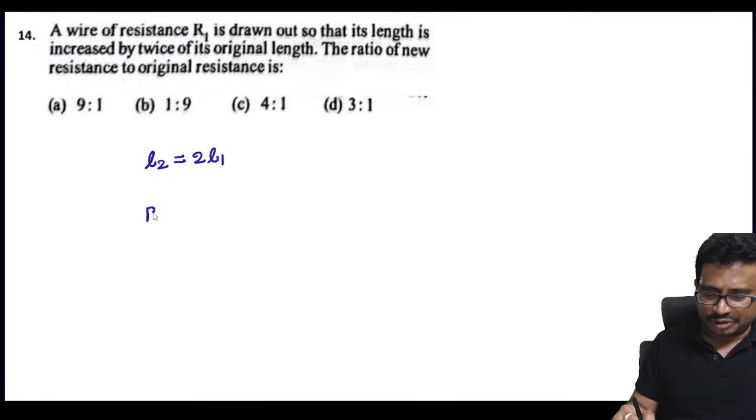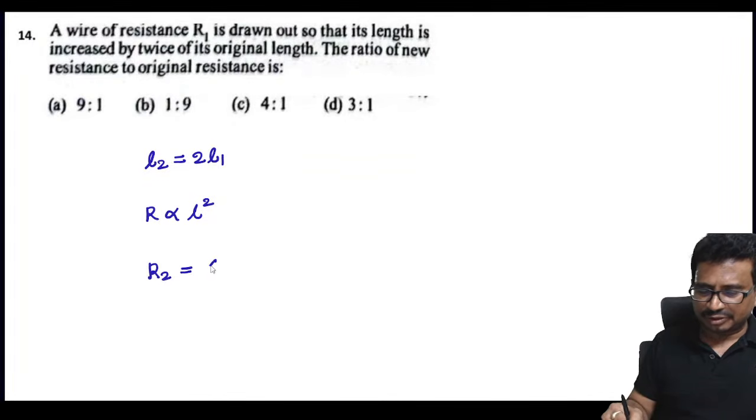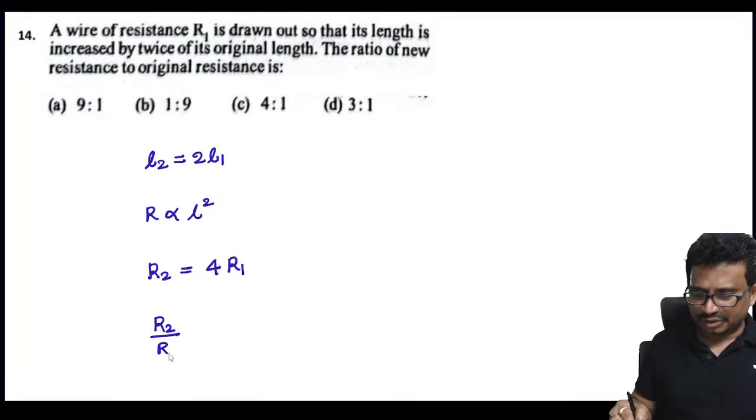As we have seen, the resistance is proportional to L squared, so we can write R2 equal to 4 times R1. They asked to find the new resistance by old resistance, that's why it is 4 by 1.